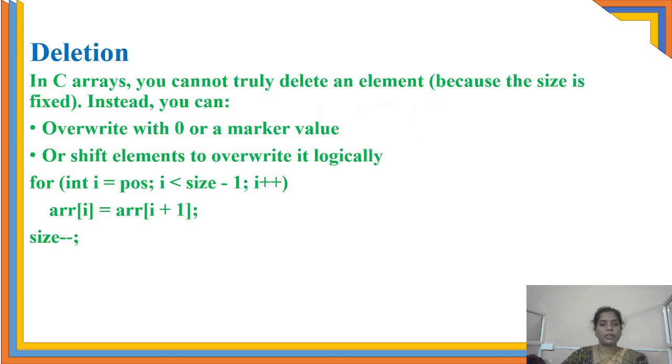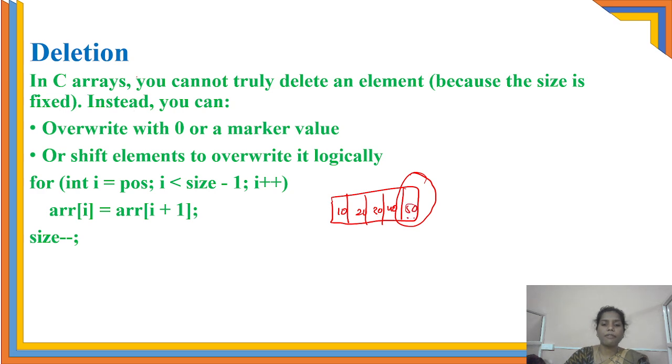Next, deletion. Deleting a particular element is not that easy in an array, because deleting means not accessing the last element in the array. For example, 10 20 30 40 50.